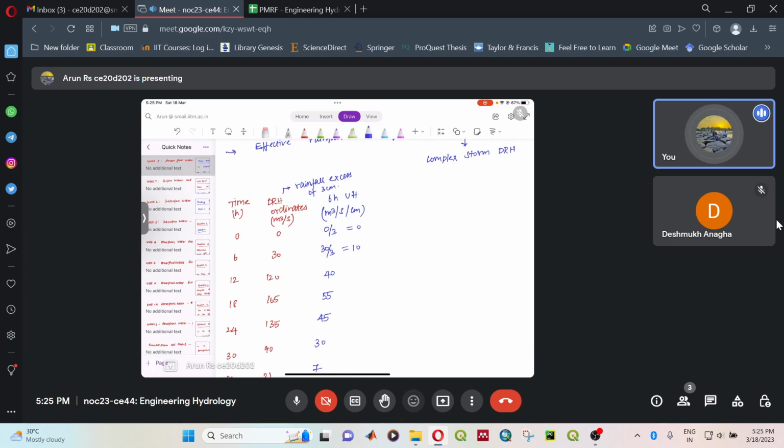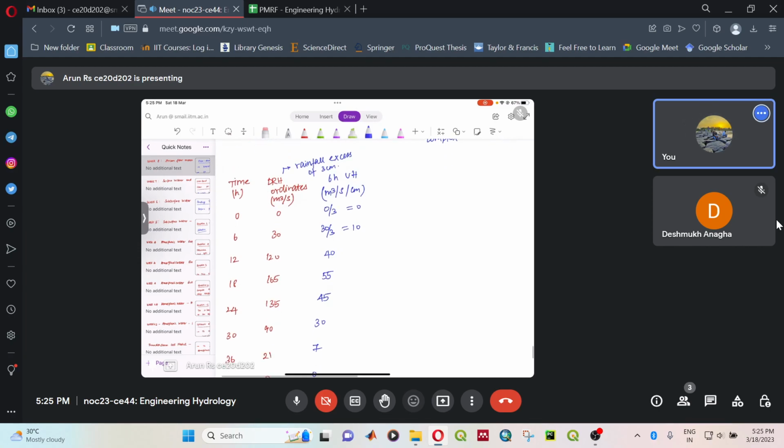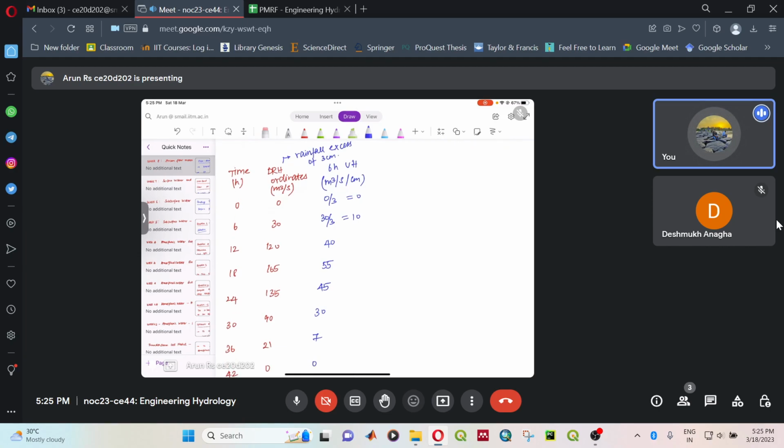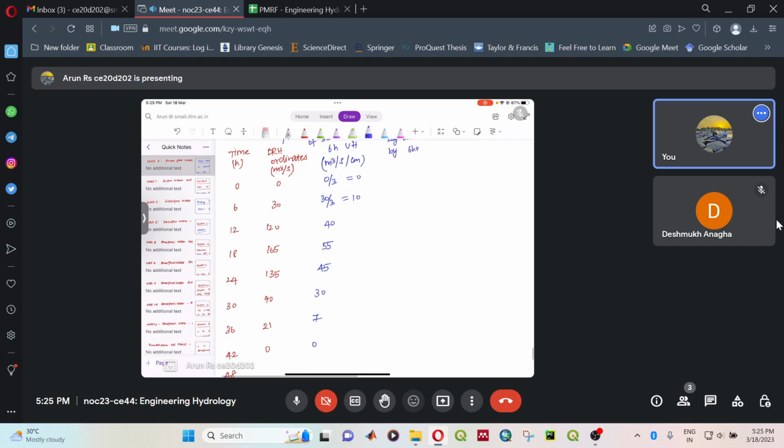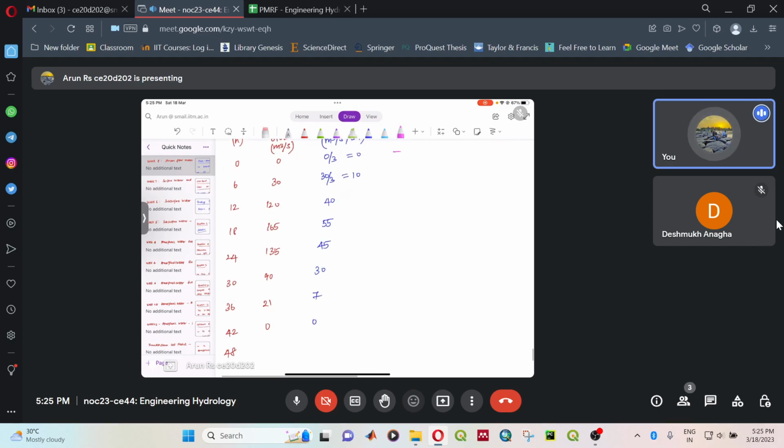Now we need to find a 12-hour unit hydrograph. For that, we will lag the 6-hour unit hydrograph by 6 hours. For lagging, the first column will be blank and the rest will follow the time series.